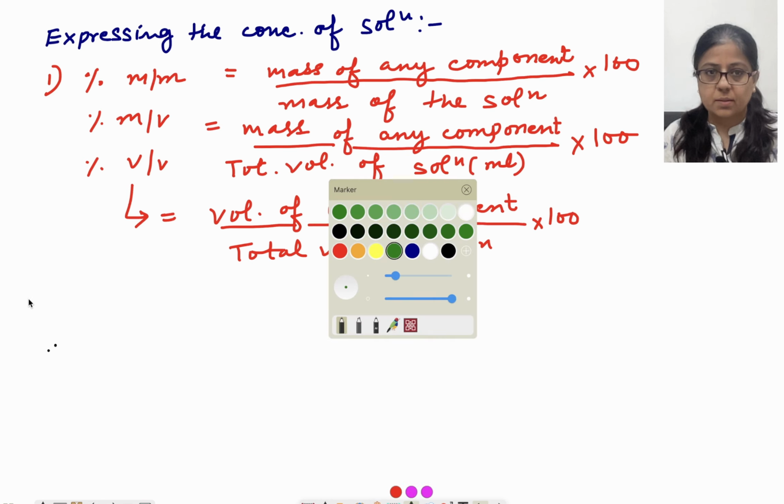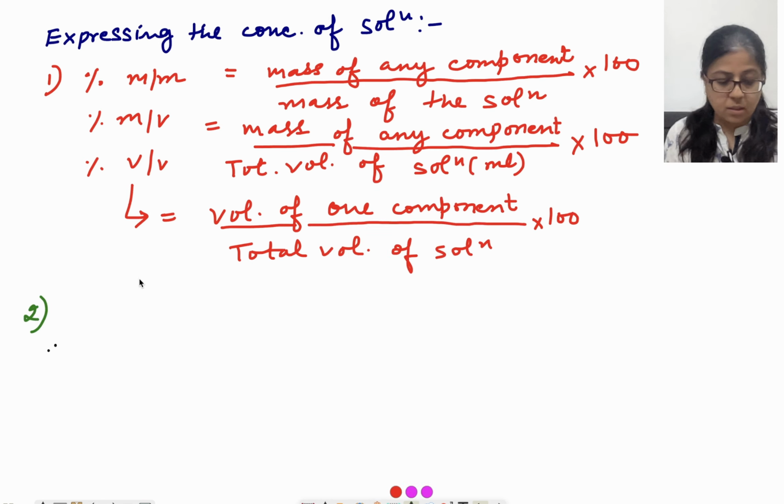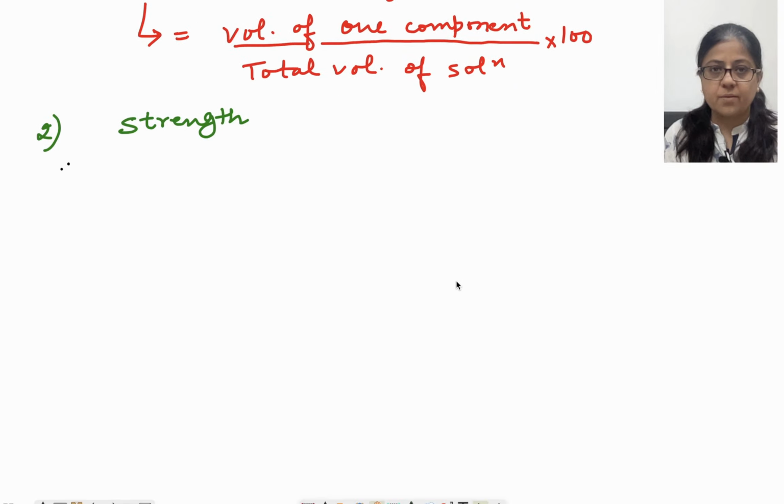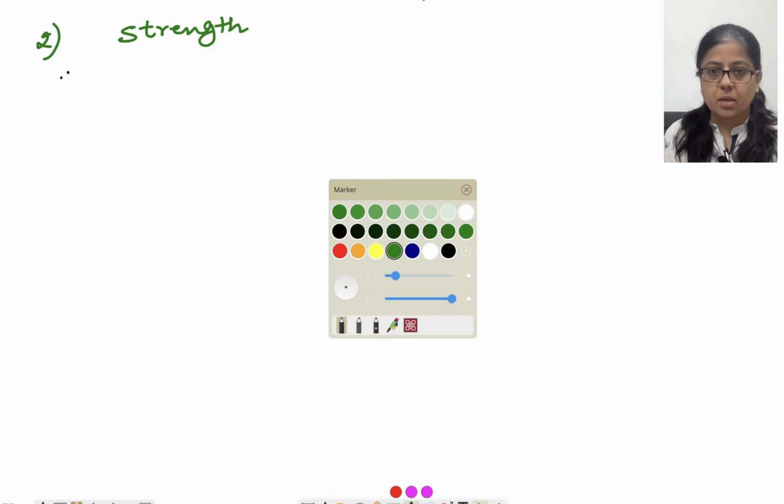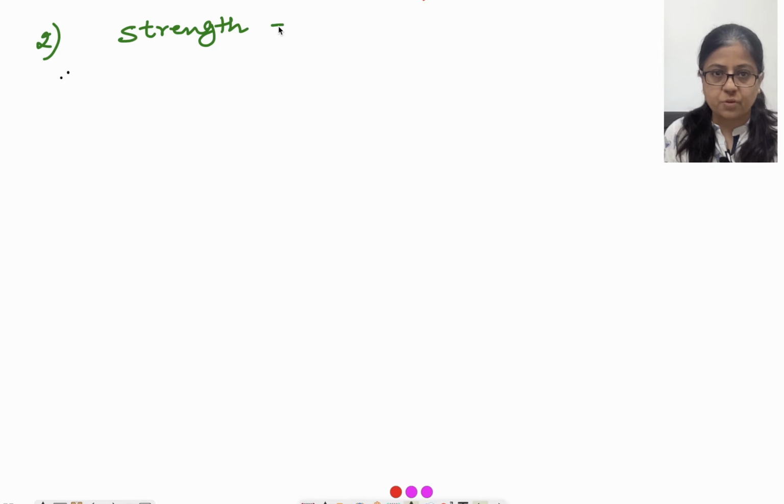So the second term is strength. How can we define the strength of the solution? To define the strength of the solution, we need the mass of the solute in grams. There are two components in the solution: one is solute, the other is solvent.